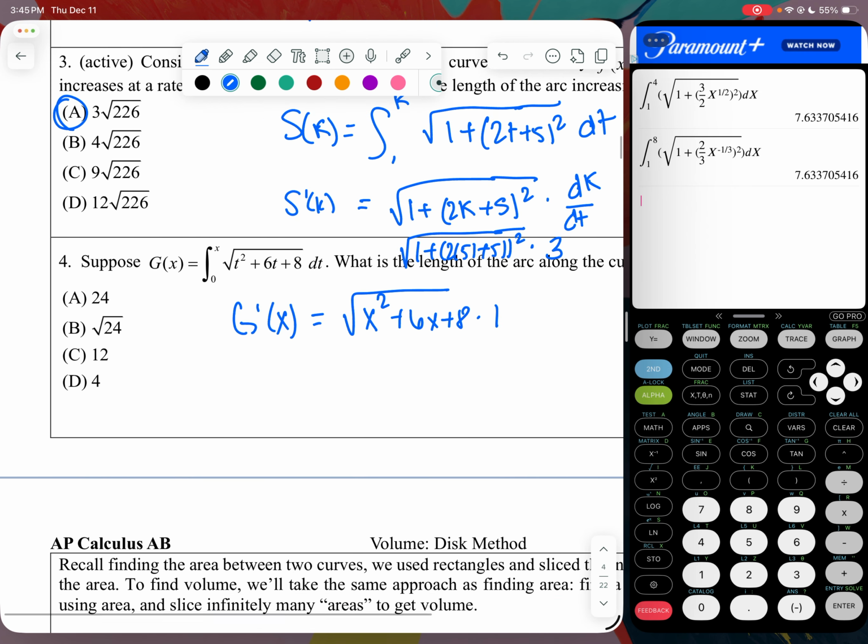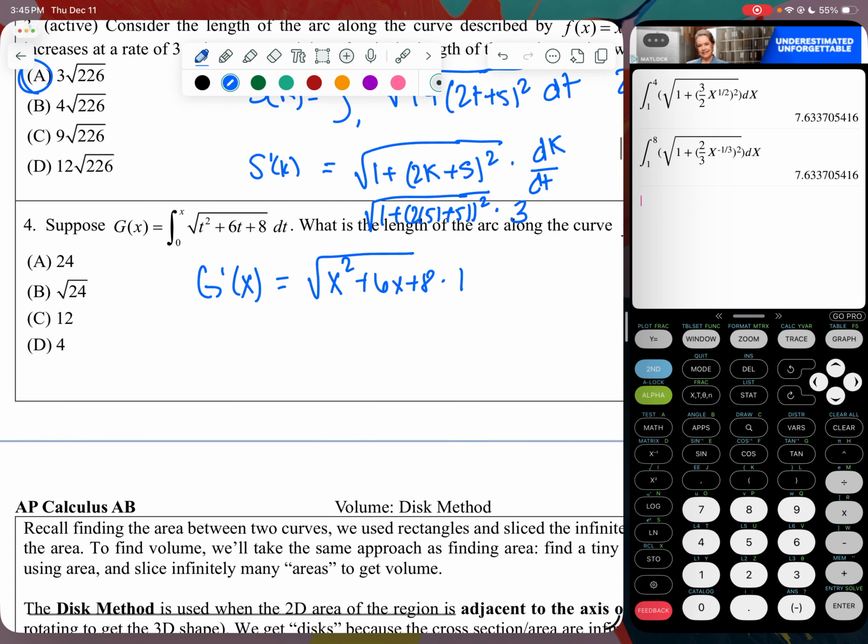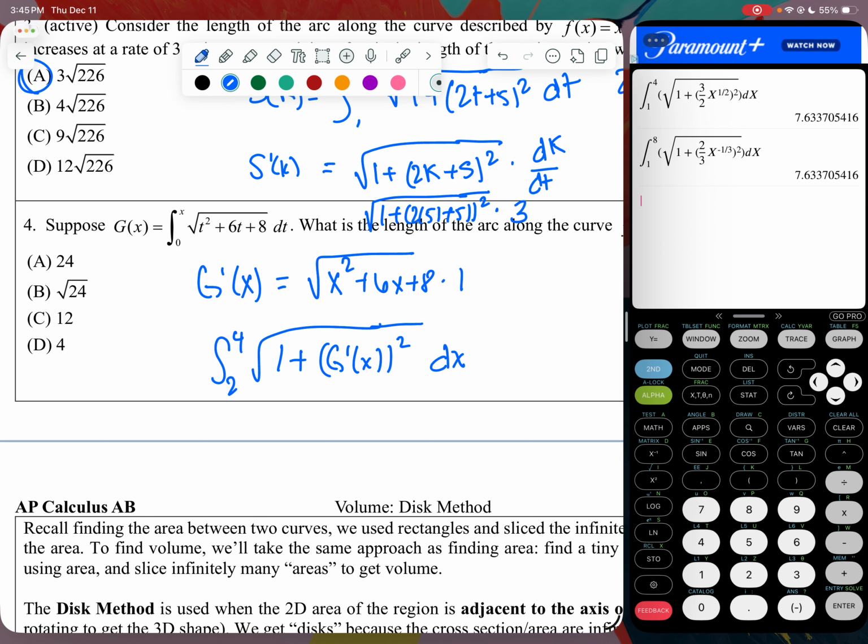So then we get the integral from 2 to 4 of the square root of 1 plus g prime of x squared dx. Now, if we square g prime of x, the radical will go away. So now I have x squared plus 6x plus 8 dx.